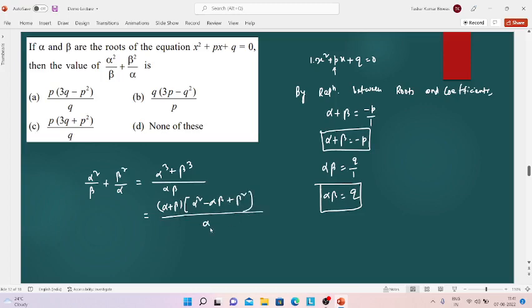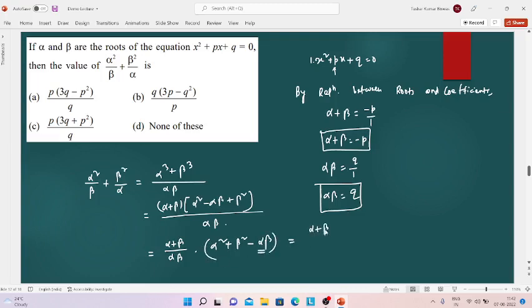We know the formula, which is a cube plus b cube is nothing but a plus b into a square minus ab plus b square, right. So alpha plus beta and alpha beta, we have the values, we'll put them later on. So we write alpha plus beta and alpha beta separately, and we have alpha square minus alpha beta plus beta square. So we are just taking alpha square plus beta square on the left side, and alpha beta, because we know the value of alpha beta, on the right side.